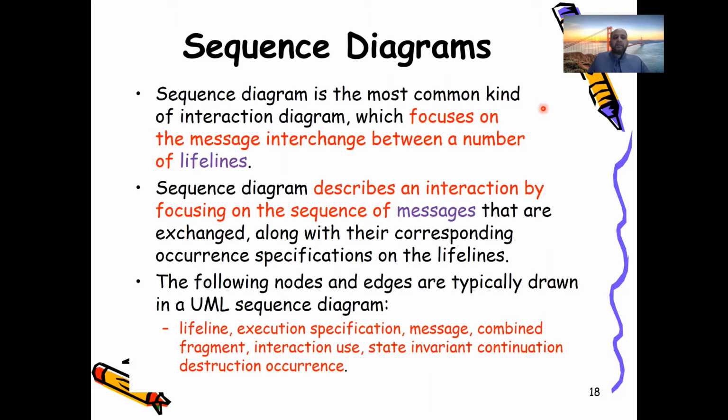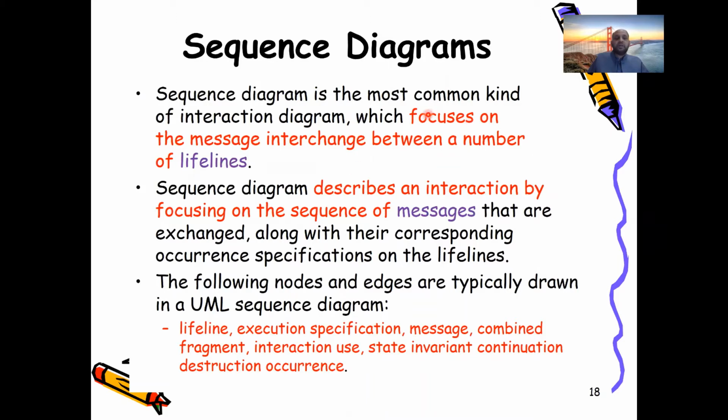I'm expecting that you are already familiar with sequence diagrams. But I'll try to discuss some advanced concepts. Sequence diagram is the most common kind of interaction diagram, which focuses on the message interaction between a number of lifelines.